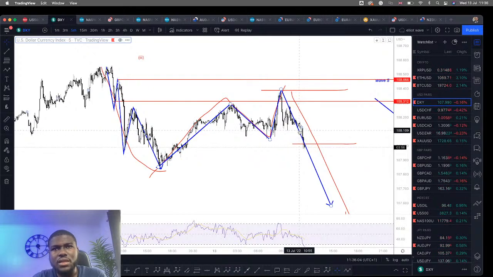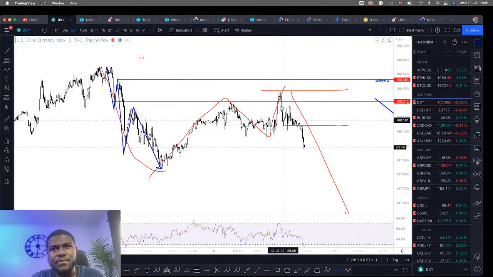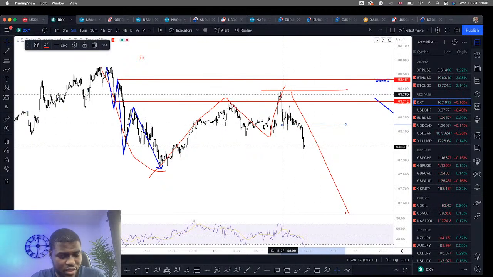So that's it, guys. But this is not a sniper entry for me. Actually, the best entry for me should have been somewhere here after this correction has completed. Those are the sniper entries I like to pick, and my stop loss will look very tight. But in this case, I have no choice.